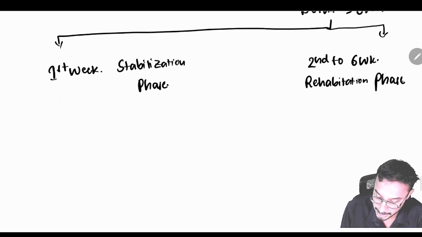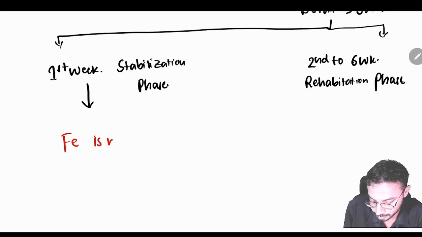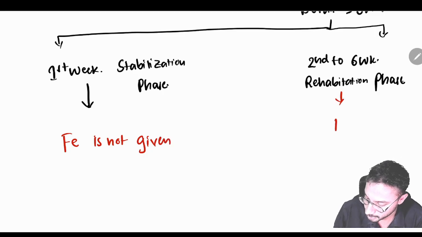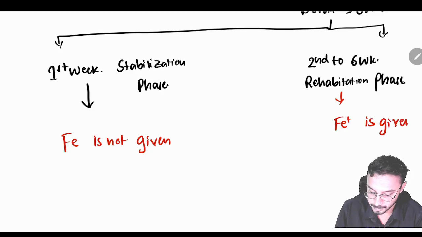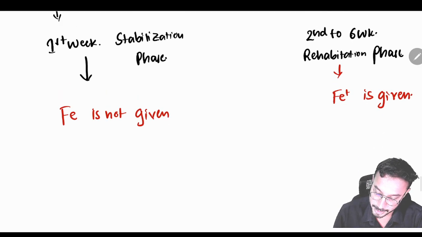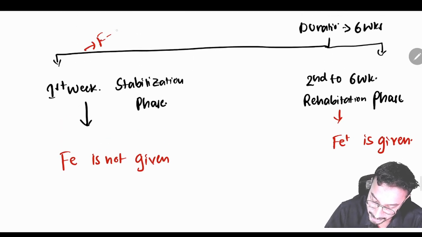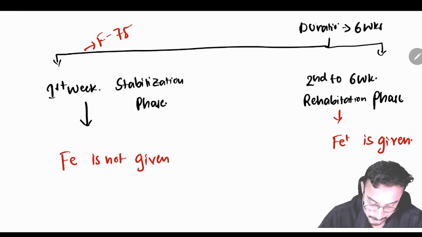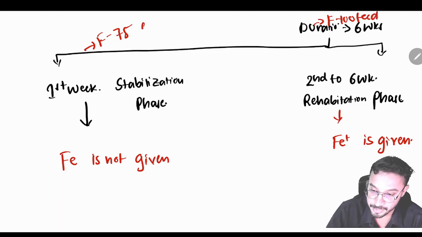In the stabilization phase, remember iron is not given. In the rehabilitation phase, iron is given. And now let's move on, what kind of diet? In stabilization, F75 feed is given.